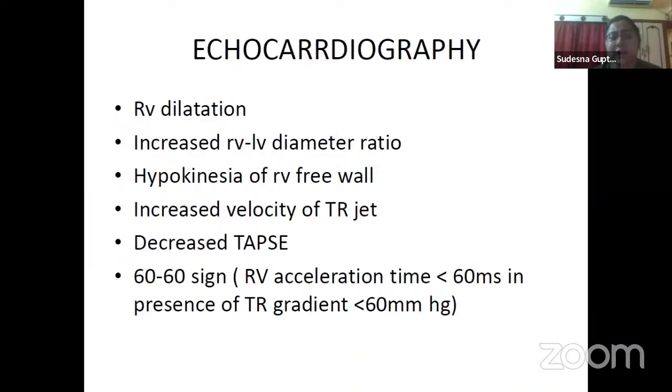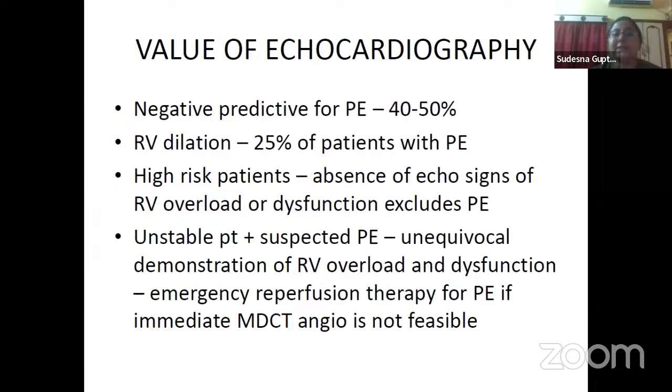If I do echocardiography, I should look for RV dilatation, an increase in the diameter ratio, hypokinesia, increased velocity of tricuspid regurgitant jet, decreased TAPSE. The negative predictive value for pulmonary embolism in echocardiography is as high as 40 to 50%.